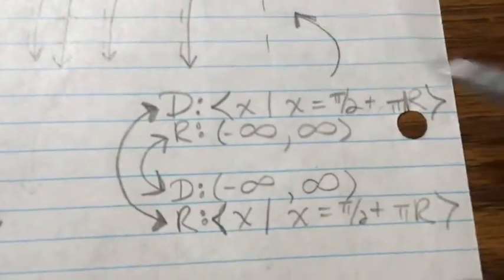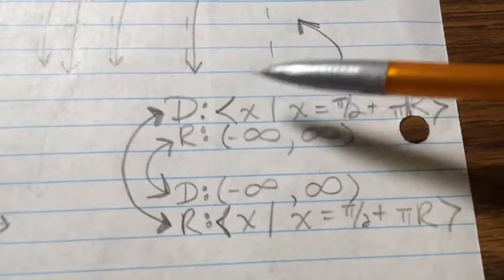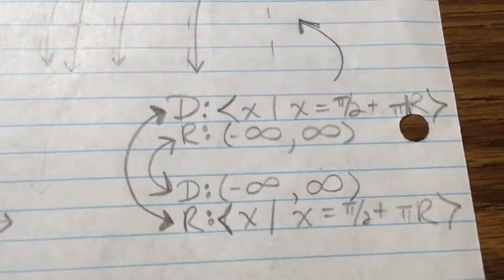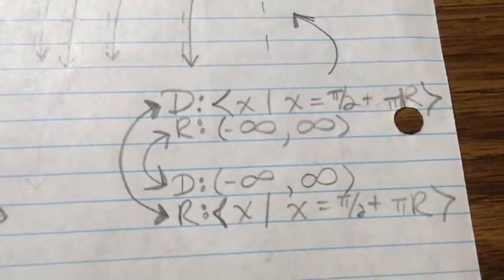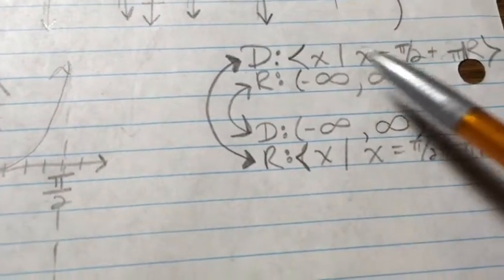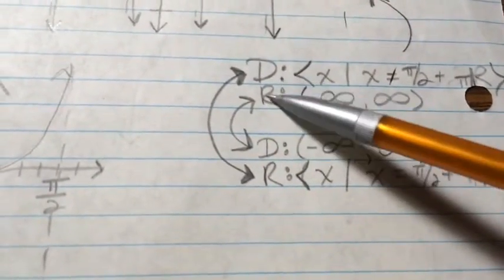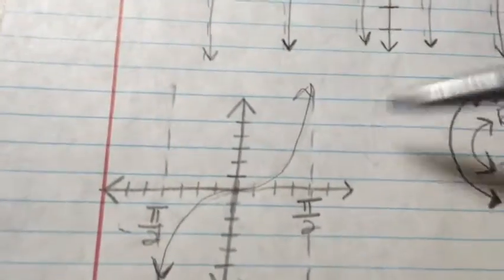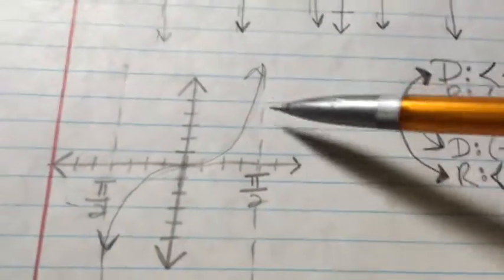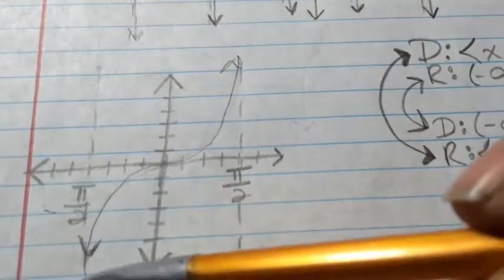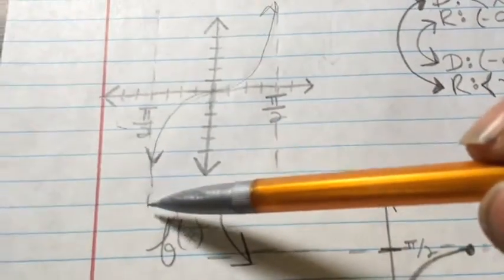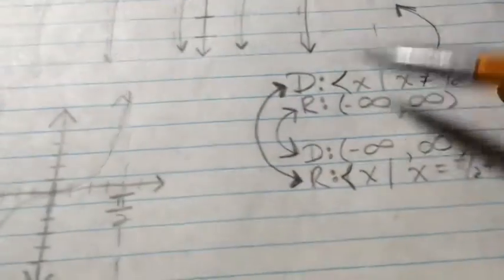So when you have a domain that looks like this, the property of x is that x cannot equal any value for which the function is undefined. And in R, as you see, the range is all real numbers, or from negative infinity to positive infinity.